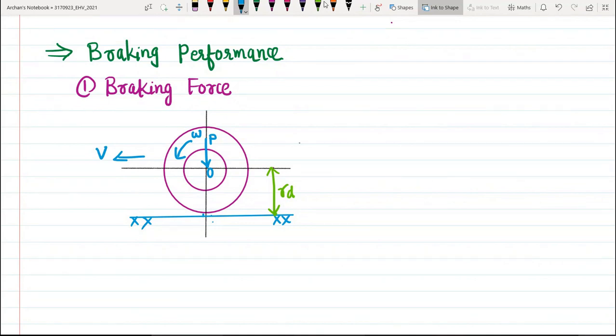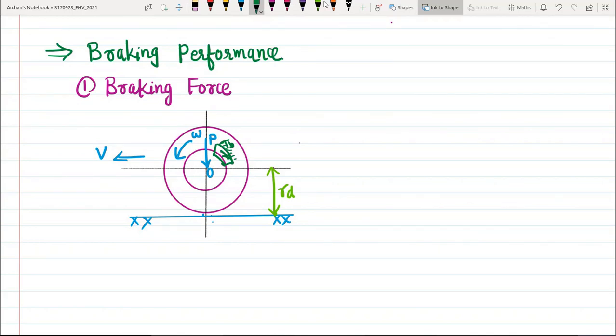This braking force can be expressed as follows. Whenever we do apply the braking force, there will be a torque which will act against the speed of the vehicle. Say here, this is the braking torque, TB, and this braking torque will try to stop the vehicle.